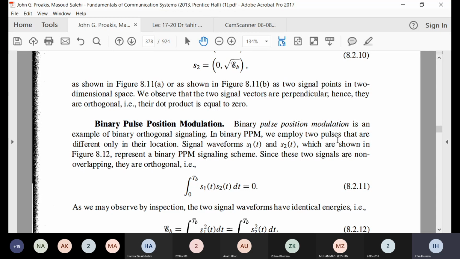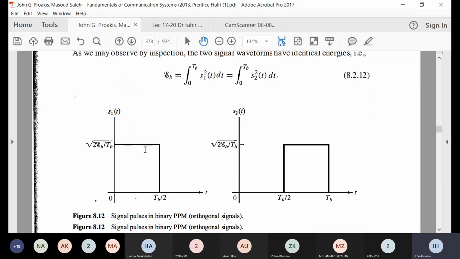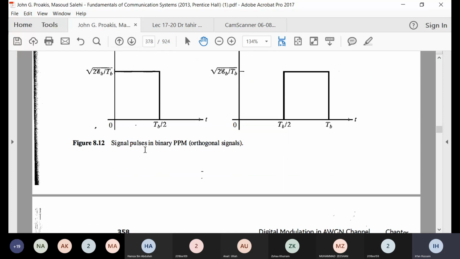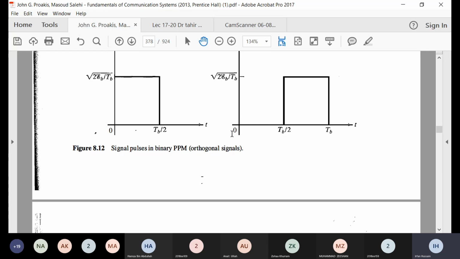So binary pulse position modulation is an example of binary orthogonal signaling. Again, we apply two pulses in a way that they are orthogonal to one another, so we put them in different locations. The signal forms S1 and S2 are there, but you can see that they are inherently orthogonal to one another because the first ends at TB over 2 and the second starts at TB over 2. So their dot product will be 0.